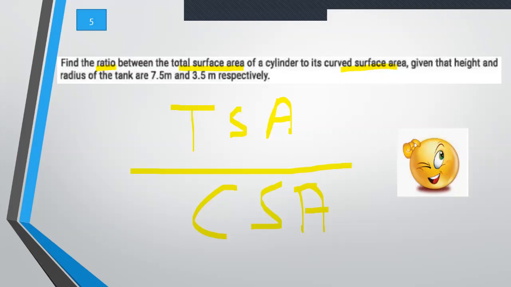Because it's the same cylinder we are talking about. So pi's and r's get cancelled off from the numerator and the denominator. You are just left with a fraction. That's the ratio. Put in the formula, substitute the values and check.